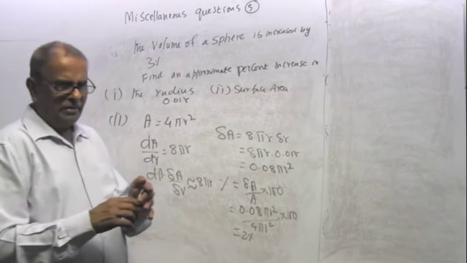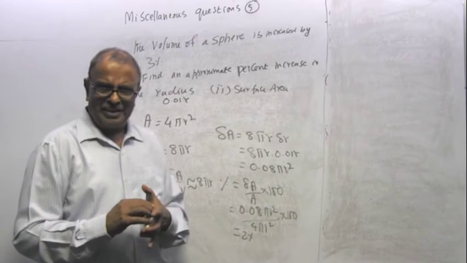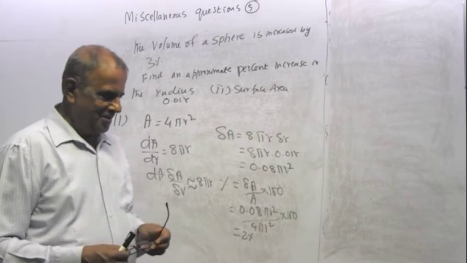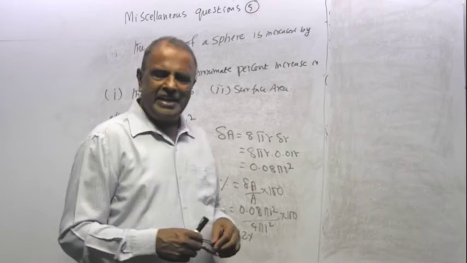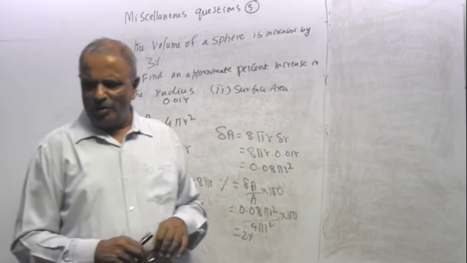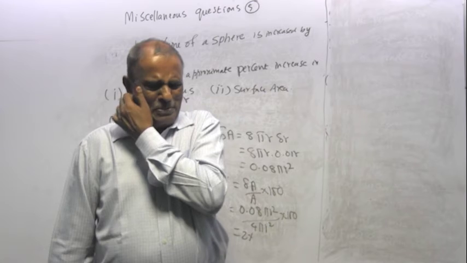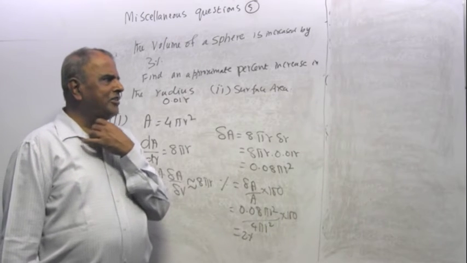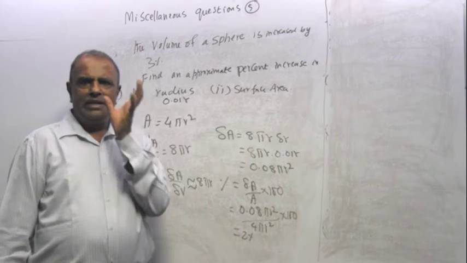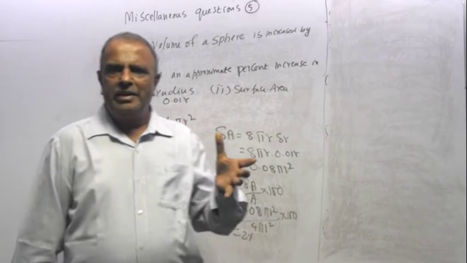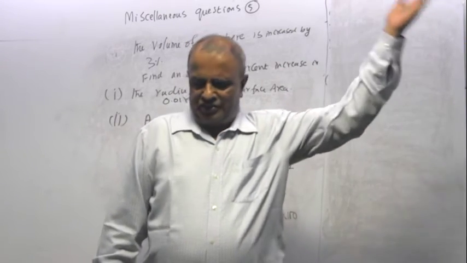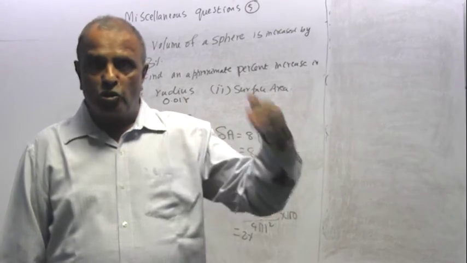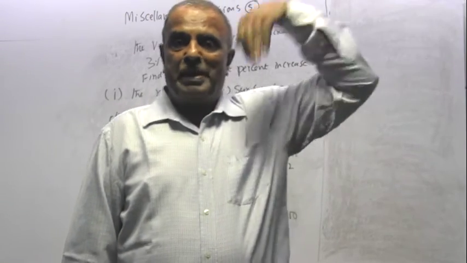In fact, I remember way back, I think your dad must have been born that time, in 1983, in one of the Cambridge papers, they had asked: show that if the radius of a sphere increases by 1%, the corresponding increases in the surface area and volume are 2% and 3% respectively.